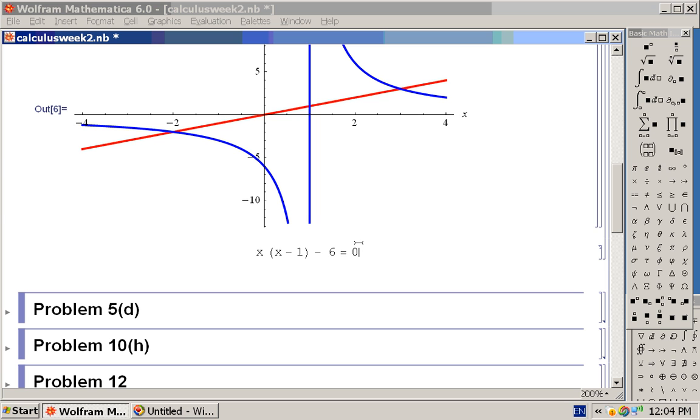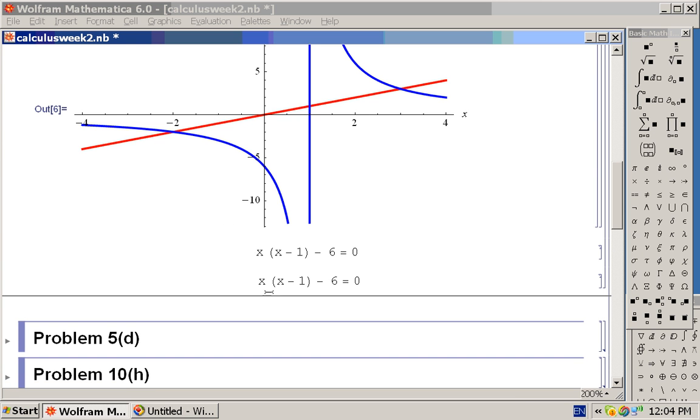Well, that's a quadratic equation, and it's pretty easy to see that that quadratic equation can be written as x plus 2 times x minus 3 is equal to 0. Is that the case?